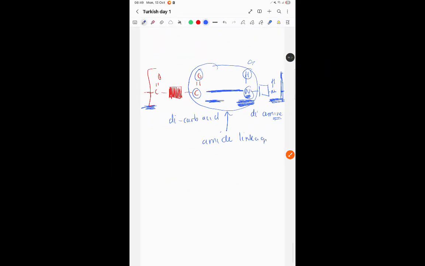Put an n. I hope that makes sense. So this is a dicarboxylic acid and a diamine, and you put the amide linkage.